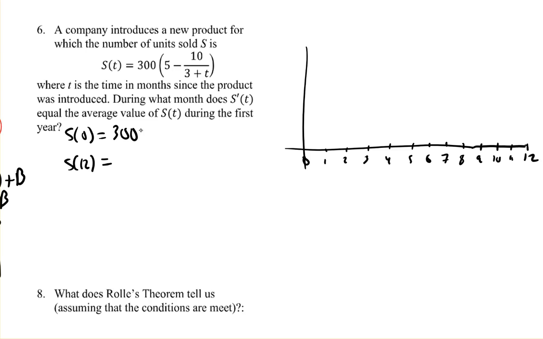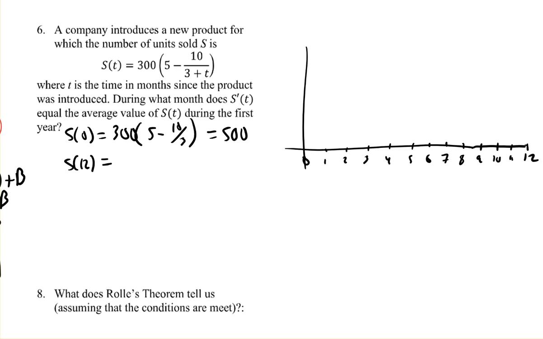And so, okay, since I've got a fraction here, I don't know, I'm going to use my calculator, I guess. But when t is 0, that would be the start. Oh, it comes out to 500.